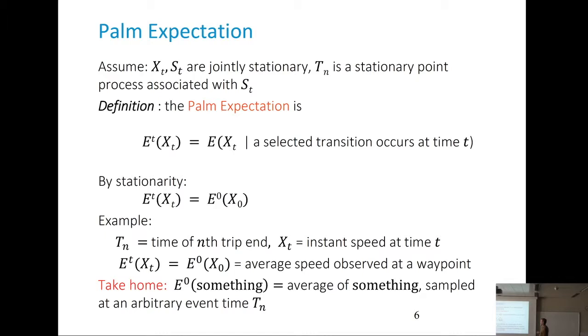So the Palm expectation of x measured at time t is the average of x sampled at an arbitrary event time, Tn. It's a bit complicated here, but we will need this complication to make sense of the formalism that will give us formulas that we can apply mechanically.